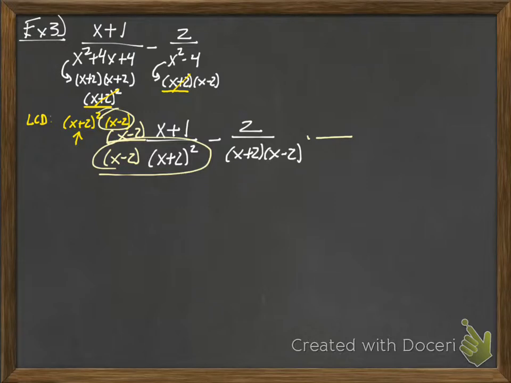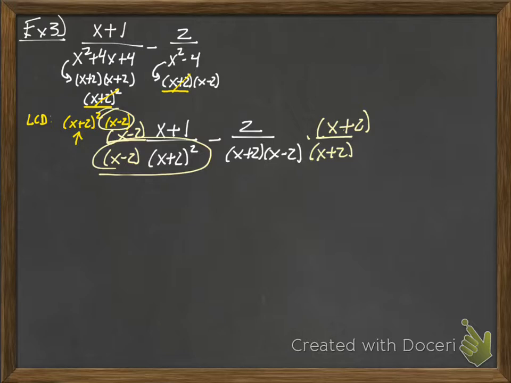So I need to give it another factor of x plus 2. So I'm going to multiply top and bottom by x plus 2. And we'll continue this in just a second. So now we're at the point where we have the lowest common denominator established for each of the fractions.